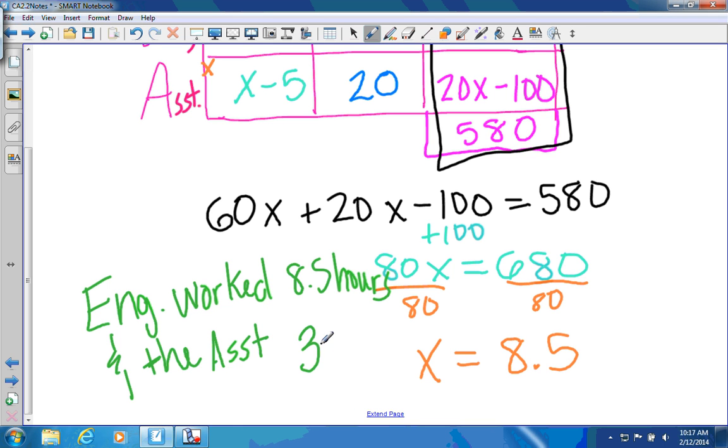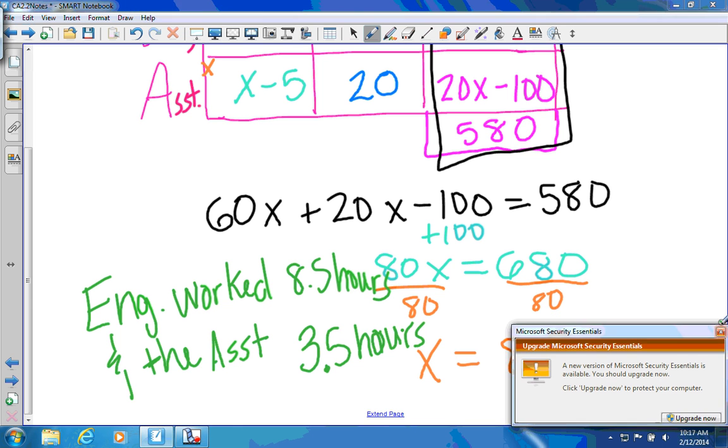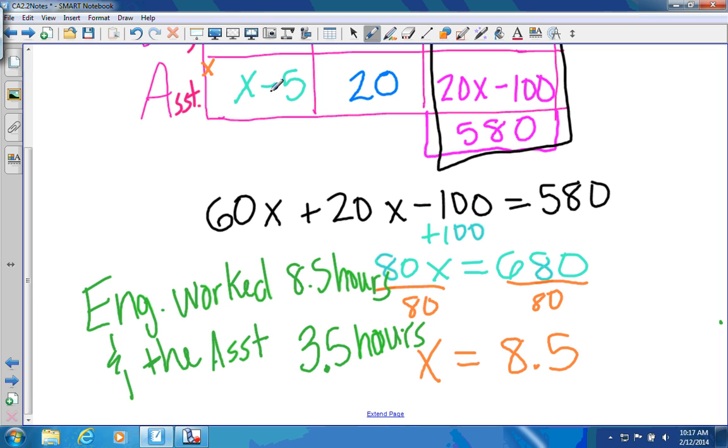Okay, 3.5, because it's 8.5 minus 5. And so then that's your answer.